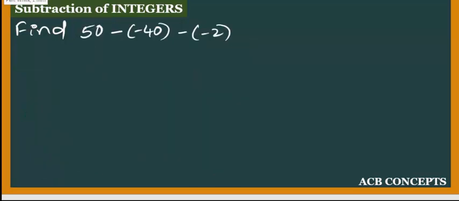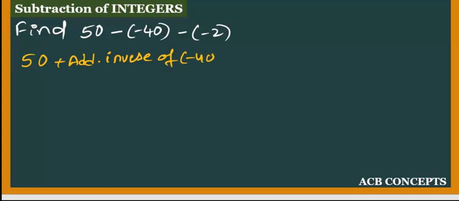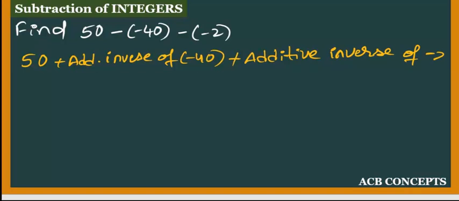Find 50 minus of minus 40 minus of minus 2. How do you find this value? 50, instead of minus I am writing the additive inverse of minus 40. Instead of this minus, again writing plus the additive inverse of minus 2.